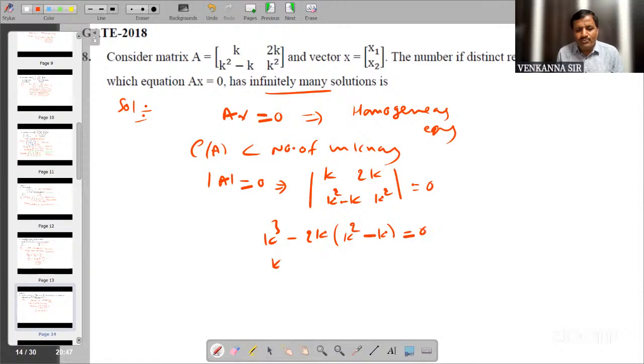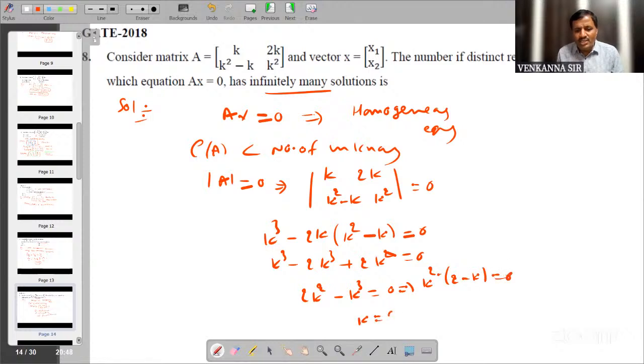K cube minus 2k cube plus 2k square equals 0. From this, 2k square minus k cube equal to 0. K square you take common, 2 minus k equal to 0. What are the values we are getting? K equals 0, 0, 2.